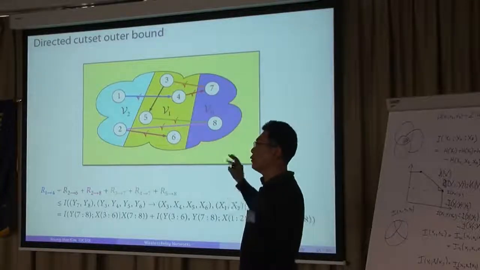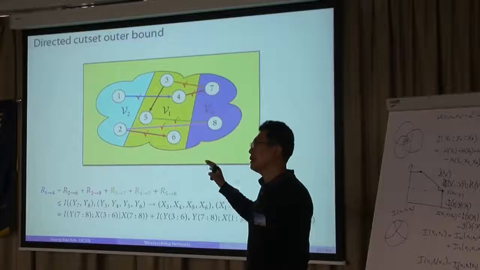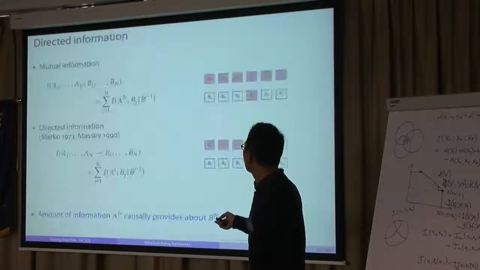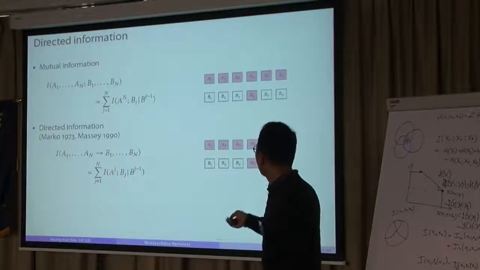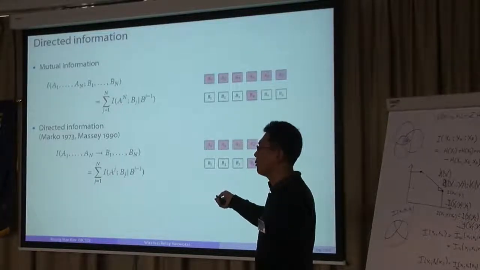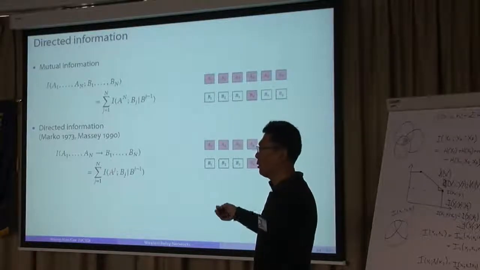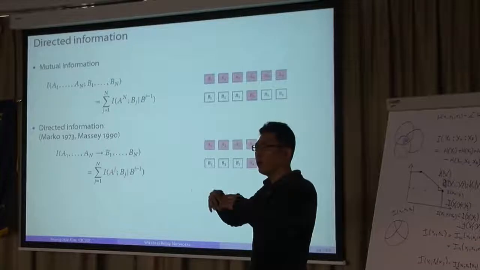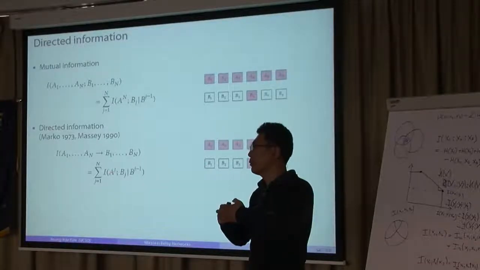Actually, non-causal is still fine. It's just that it is too loose. Okay? Just go back to the mutual information and directed information. Here, directed information doesn't actually use the entire sequence, so therefore this is smaller, assuming the joint distribution is the same. So by doing this, you actually get a much tighter bound. Okay?